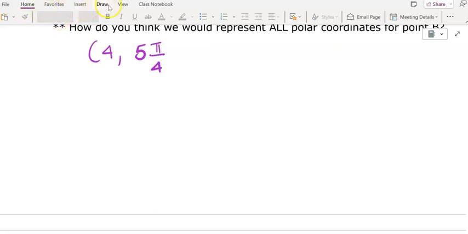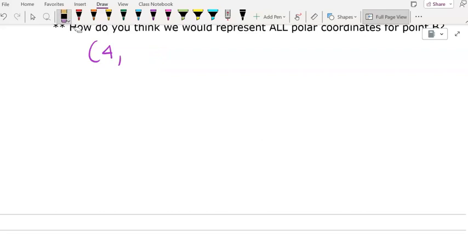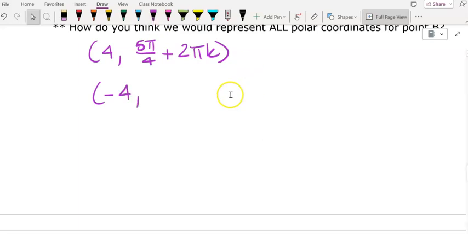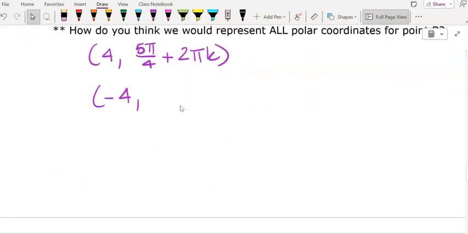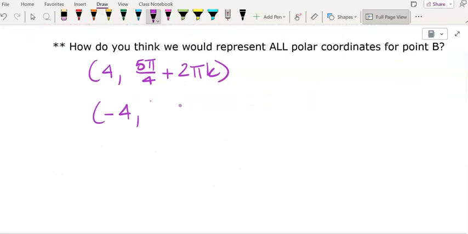I did not write that properly. 4 and 5 pi over 4 plus 2 pi k. And then I'm also going to have -4, and I'm going to use my other positive angle here, which was pi over 4, okay? And that would be pi over 4 plus 2 pi k. And this is where k is an integer.